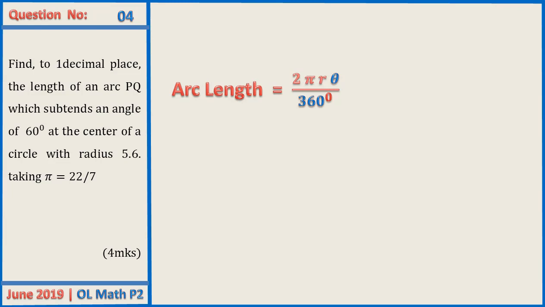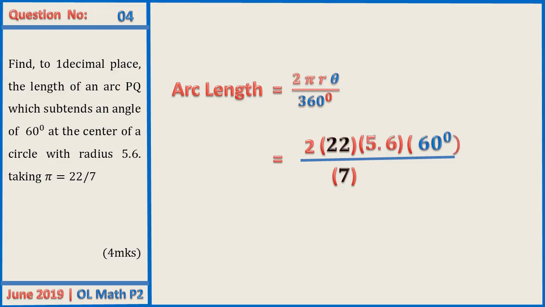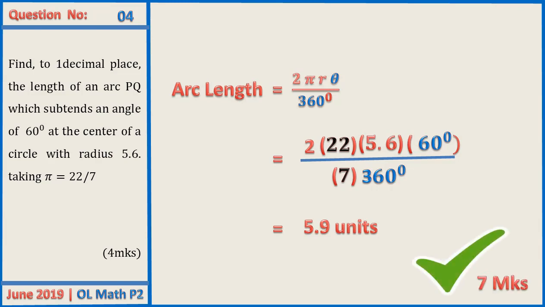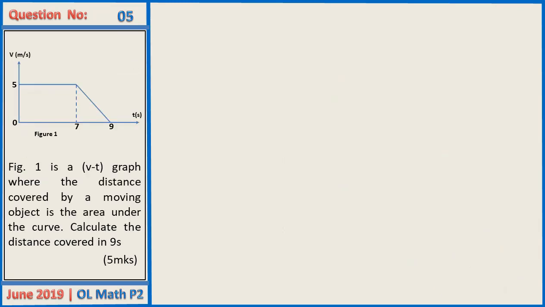Theta on 360 degrees represents the fraction of the circumference. So putting in our data, we have 2 times 22/7 times radius, which is 5.6, times 60 degrees on 360. When we cancel out, we have 5.867 units. But the question says to 1 decimal place, so our answer will be 5.9 units, and this is 7 marks.